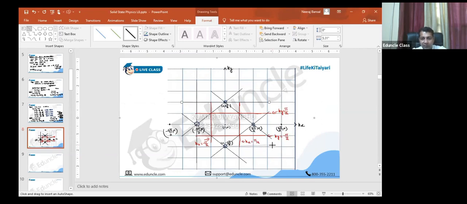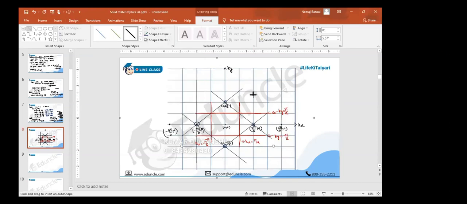Is it visible to all what I'm doing? Yes, students, please tell. Yes, sir. So now I will just zoom in and you will get to know.